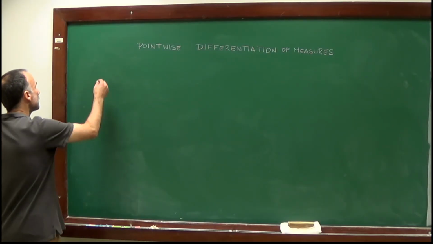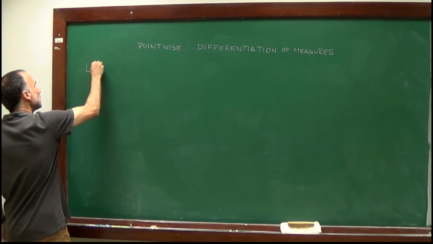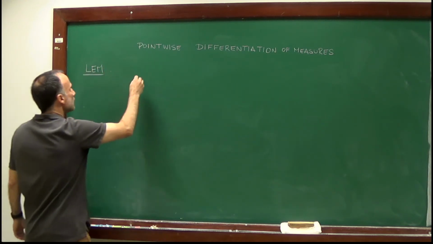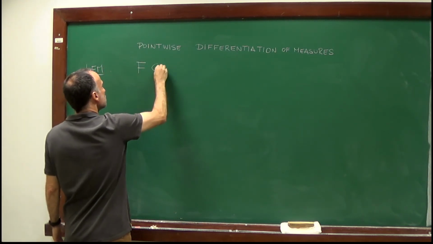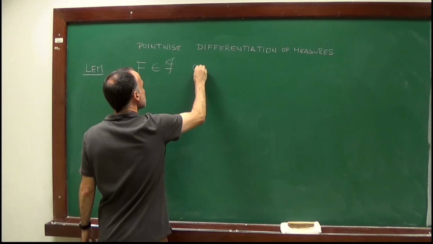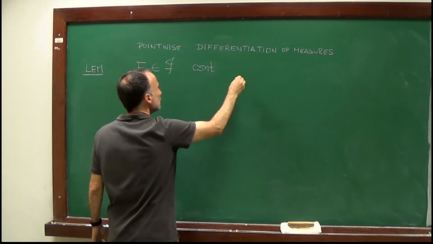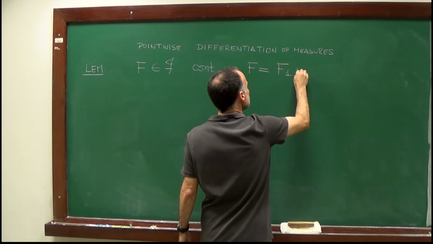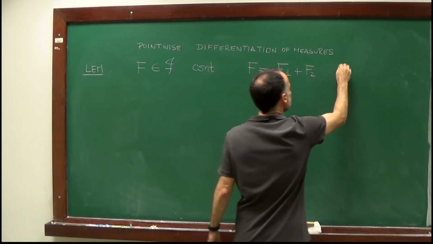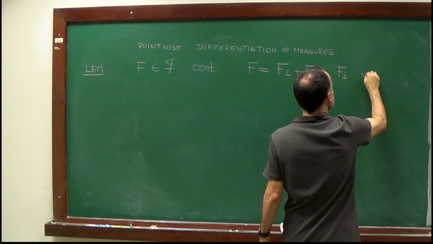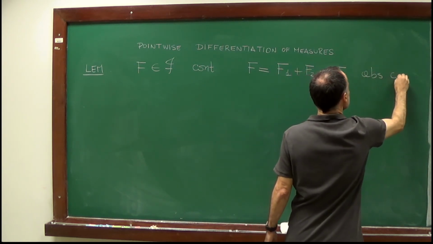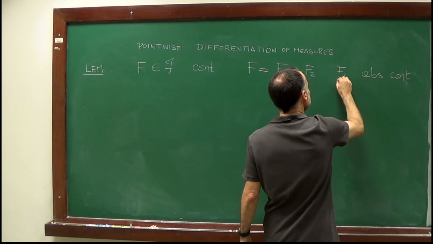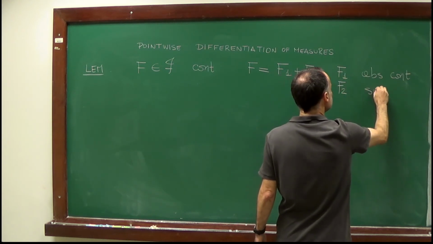So now we are almost done. Let's take a function f which belongs to the class F and which is continuous. Then I claim that f can be written as f1 plus f2, where f1 is absolutely continuous and f2 is singular.